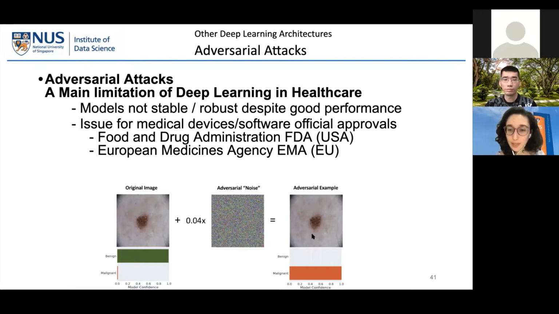The problem is that it may happen, and we see in practice it can happen quite frequently, that the model will then recognize this new example as malignant. It will change the class just by adding a very small amount of noise, okay?